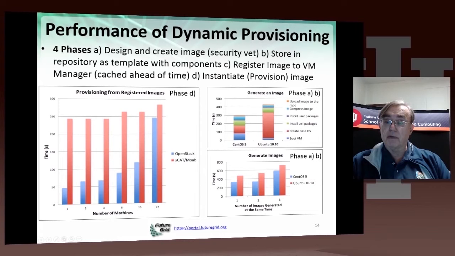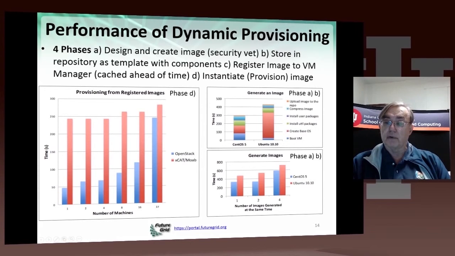On the right, we have the timing for phases A and B, which is actually making the image and uploading it to the repository. On the top right are the various steps involved, and it's done separately for CentOS and Ubuntu. There are some significant differences there in the time taken to create the base operating system. That's this red one here.